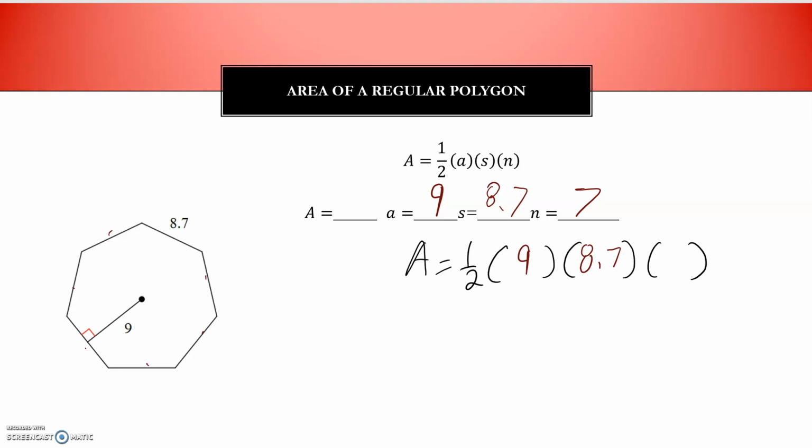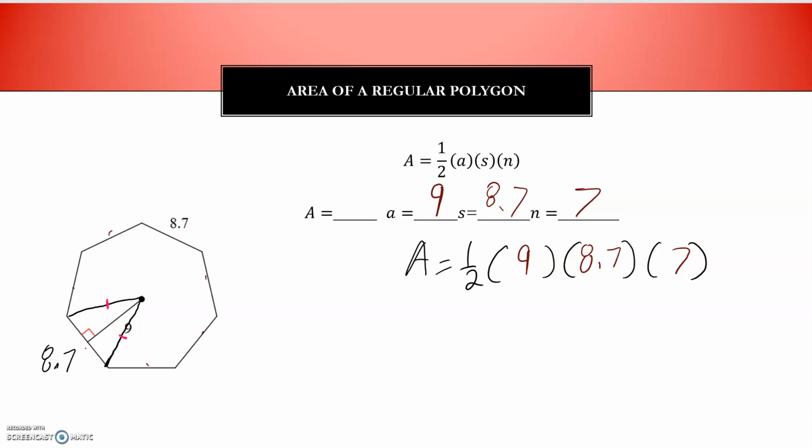Now, here's why I use A times S times N. If you look at the figure, the apothem, I'm going to draw in the radii here. I know that I'm going through the 9, but I kind of don't have any other choice. We can see that that forms a triangle. In fact, an isosceles triangle, because we know that all radii are equal.